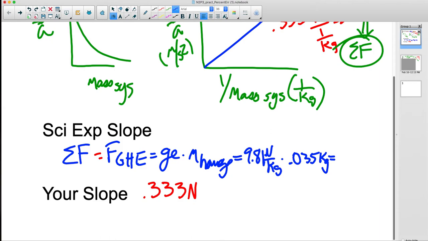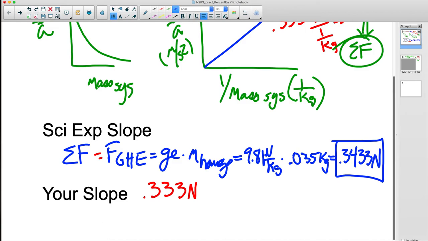And when you do 9.81 newtons per kilogram times that, you get, I think, 0.3435 newtons. I believe you already calculated net force on the top line of your part 3 data sheet. So these are the two values we're going to need.